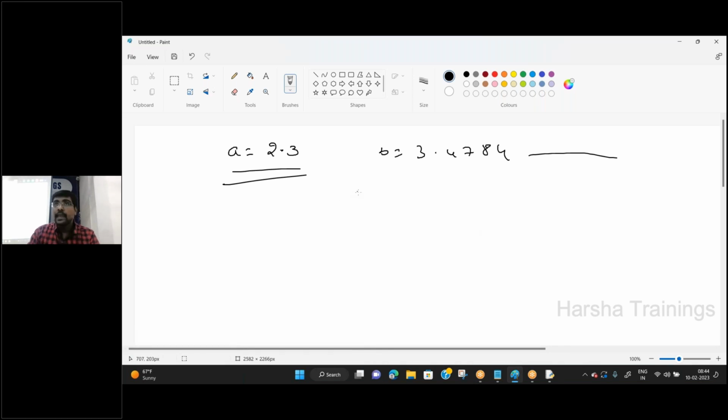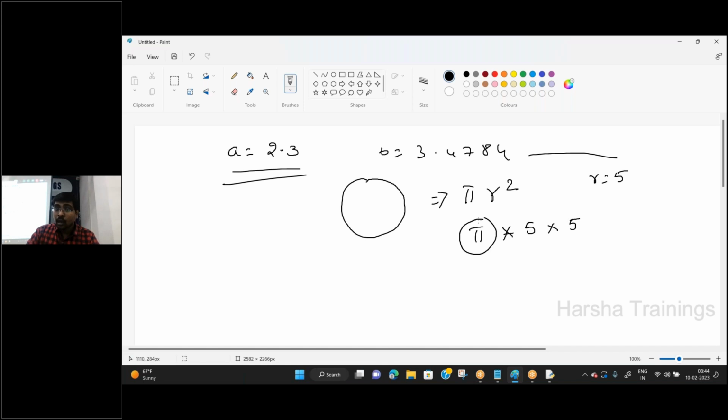Suppose the area of a circle, everyone knows: how to calculate the area of a circle? Area is equal to pi r square. Yes or no? R is the radius. Suppose r is equal to 5. What is the answer? Pi into 5 into 5. Now the question is, what is the value of pi?